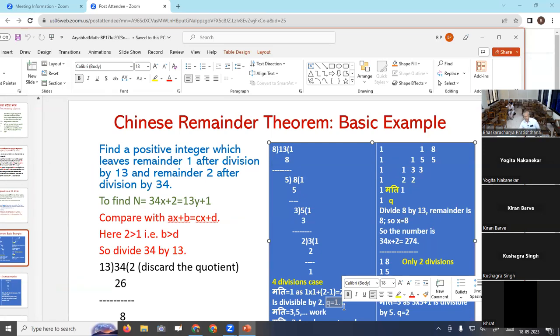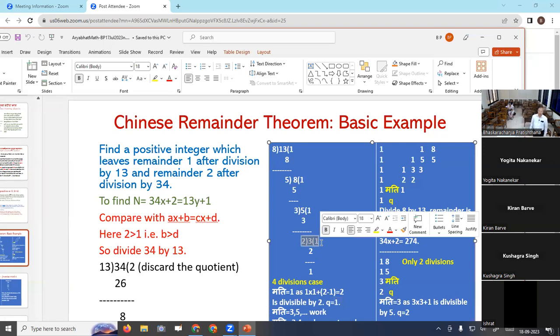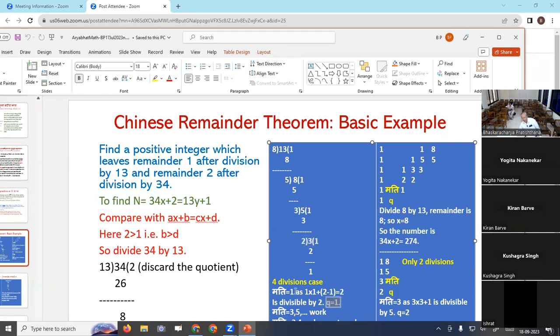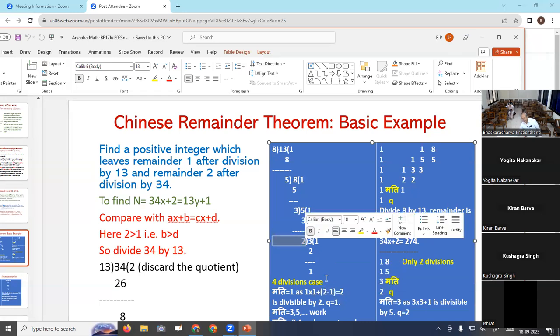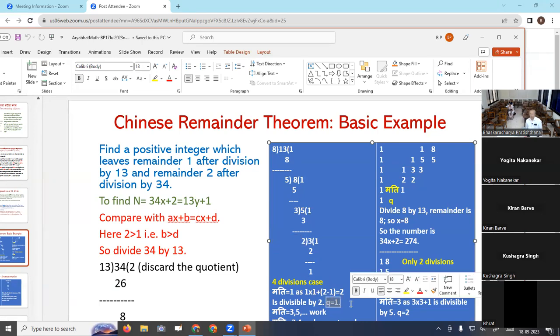So far the calculation is: you have found out Mati, and you have found out all the four divisors. Then you have found out the final quotient Q, when you divide the expression Mati into remainder plus Agrantara by the final divisor, and get the new quotient Q, which is equal to 1.